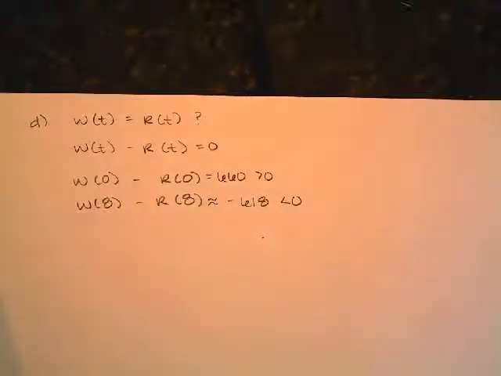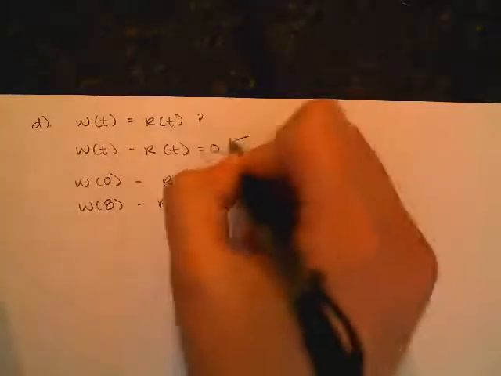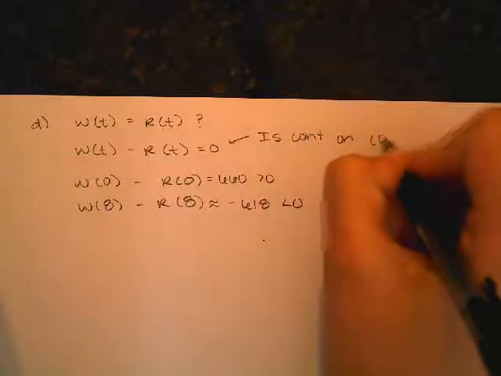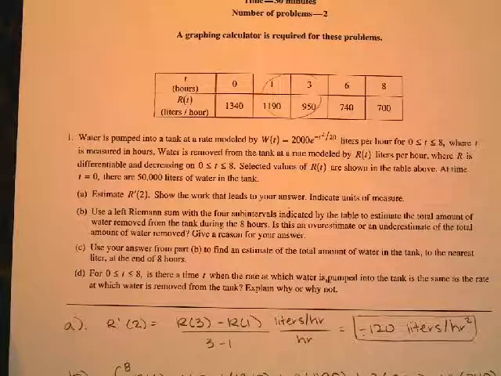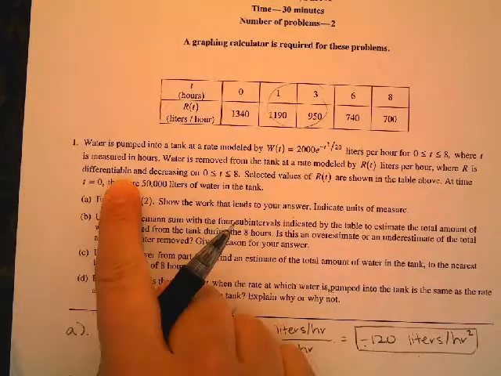So I'm going to say that this right here is continuous on [0, 8]. You know that because it says that R of t is differentiable.